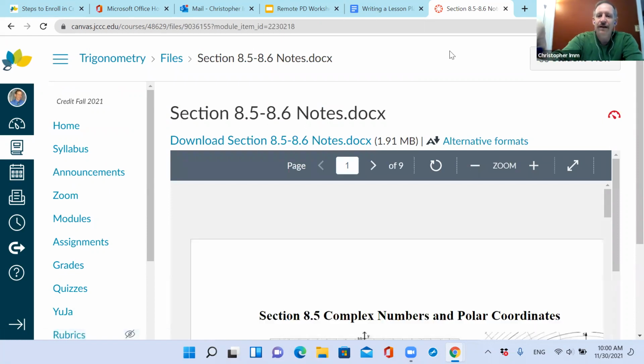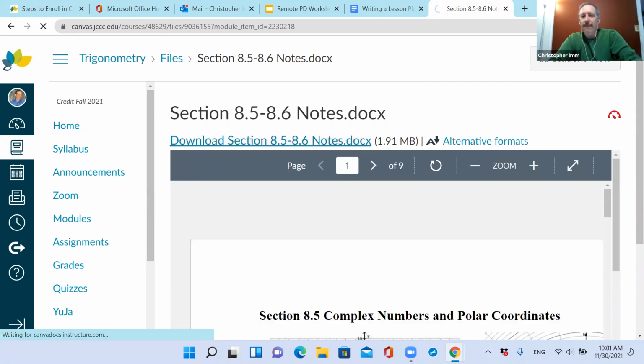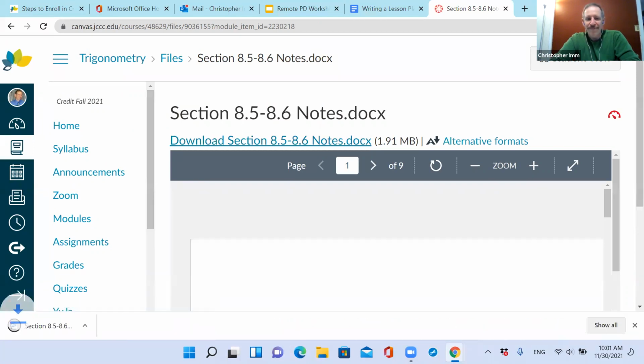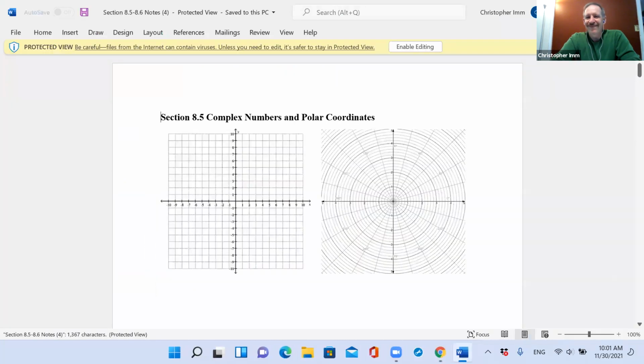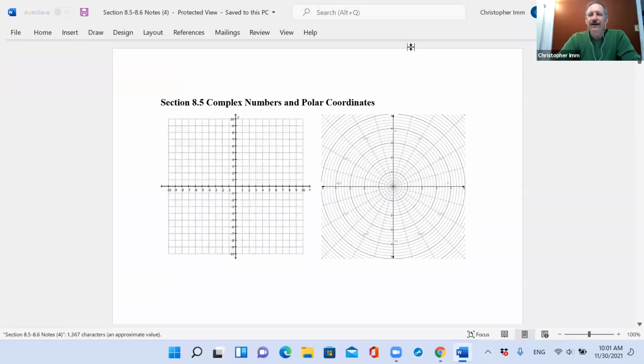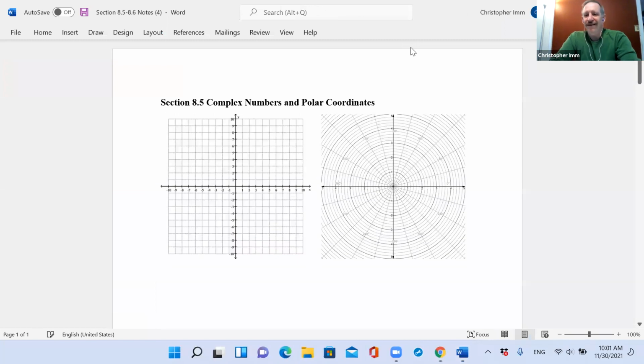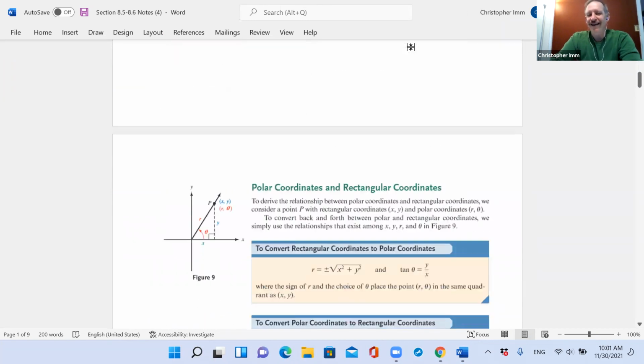And download it. Open. Enable editing. All right. So do you see my notes now or no? Yes. All right, excellent.